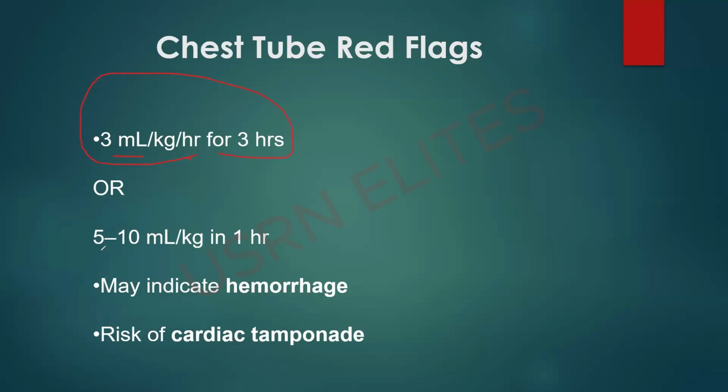Wait, let us strike an example with this one first, then we'll come to this one finally. So let us use my 20 kg kid. The child gives you, let's say, 50 mils in 1 hour of chest tube drainage. Is it normal or abnormal?